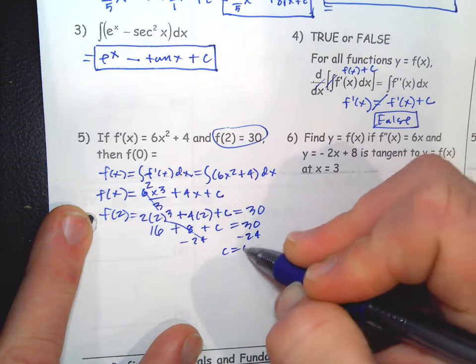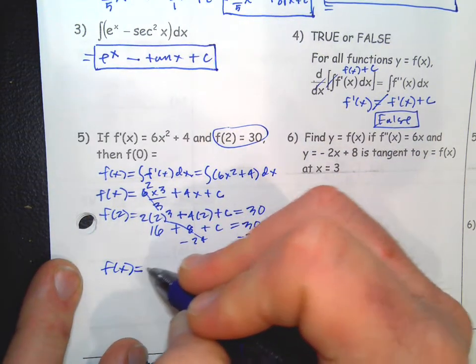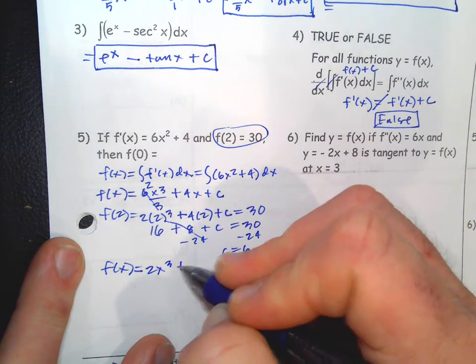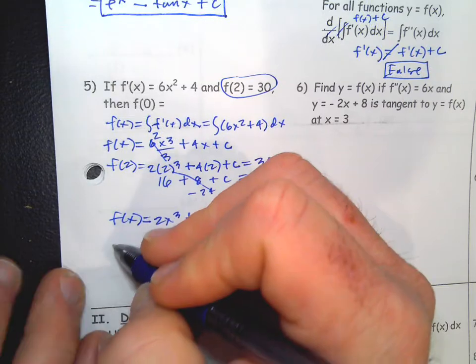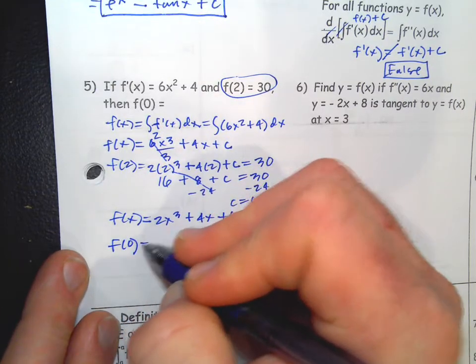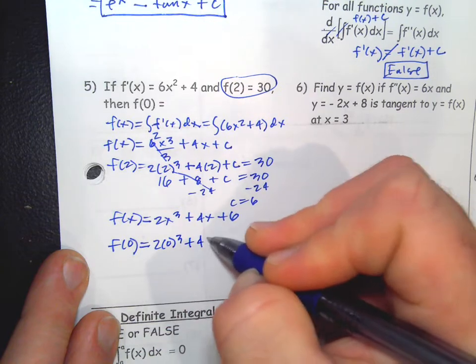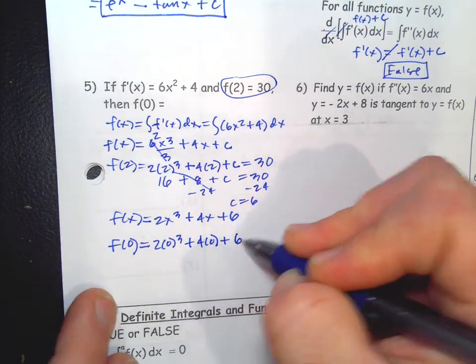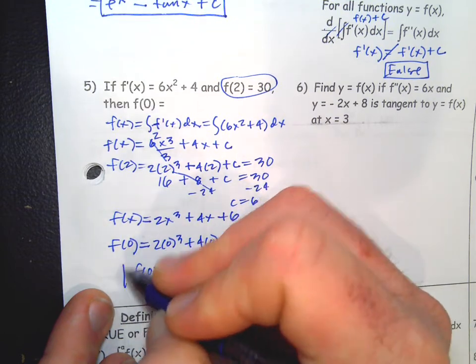C equals 6. So our function is 2x cubed plus 4x plus 6. But now we're going to go ahead and plug 0 into it and see what it gives us. And we get f of 0 is 6.